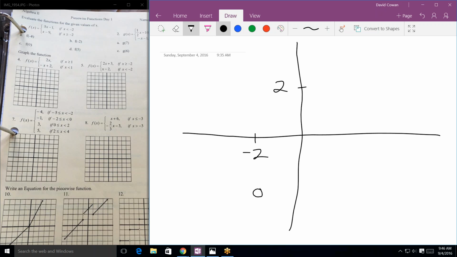Remember, I'm going to the left. So to get a positive slope, I have to go down 1 and over 1. It's the only way I can get a positive slope. I can't go up 1 and over 1 and put a dot there because that's not part of my domain. My domain is only to the left of -2.